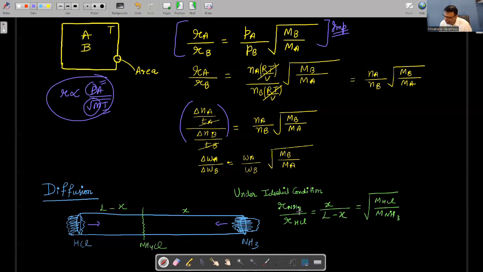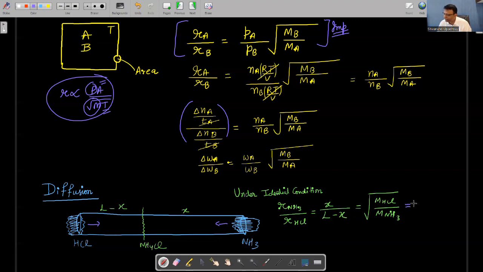And rate of diffusion here means distance traveled per unit time. The lighter gas is ammonia, so it will travel faster. The distance traveled by it is x, and in the same time the distance traveled by HCl gas is L minus x. So I can put distance upon time, time is common, it will cancel out. So x upon L minus x is equal to the square root of molar mass of HCl upon molar mass of ammonia.